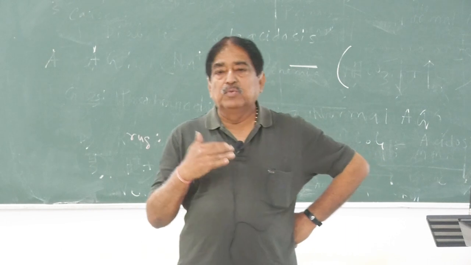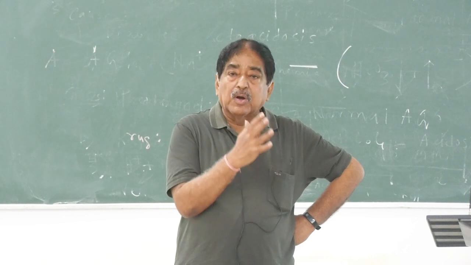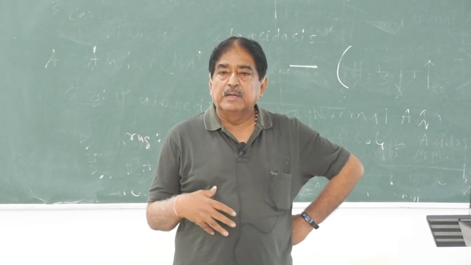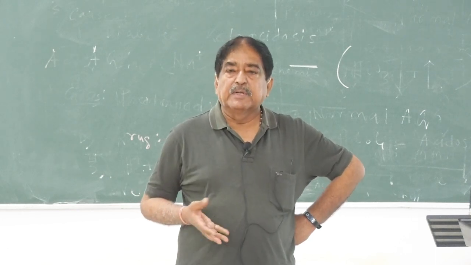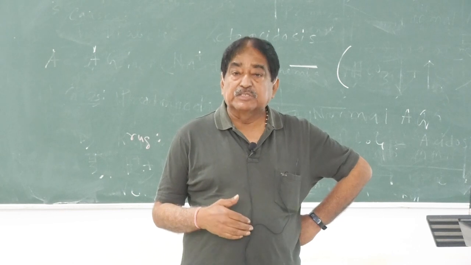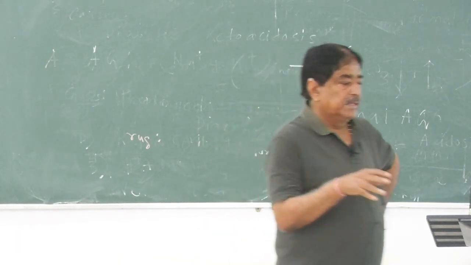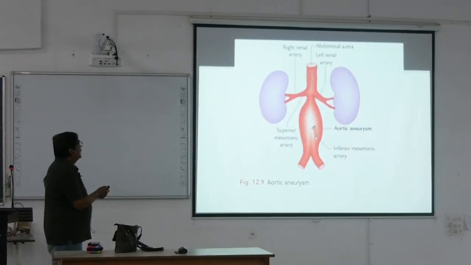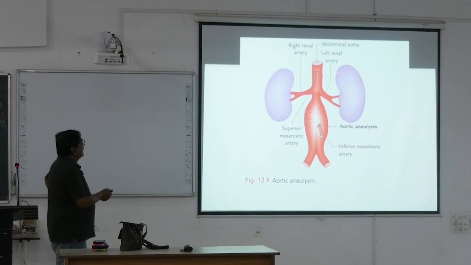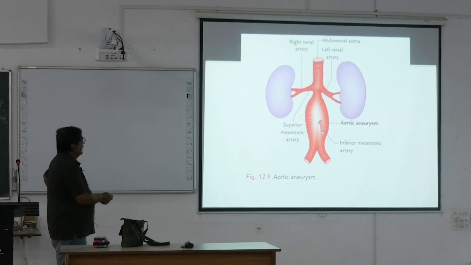For this you do a CT or MRI for any abnormal growth, paravertebral growth, or tumor mass compressing or not, and accordingly you plan and decide. Now this is an aortic aneurysm. You can see the right renal artery, abdominal aorta, left renal artery, the aneurysm, and the inferior mesenteric and superior mesenteric arteries.